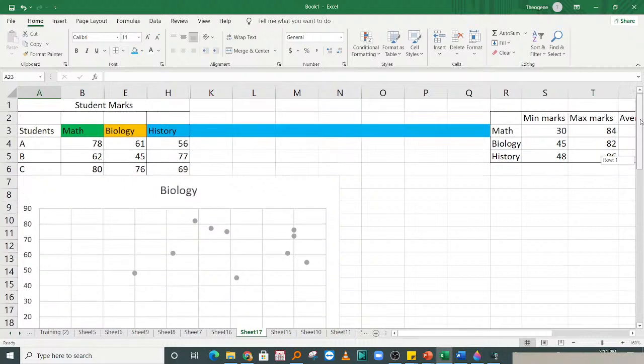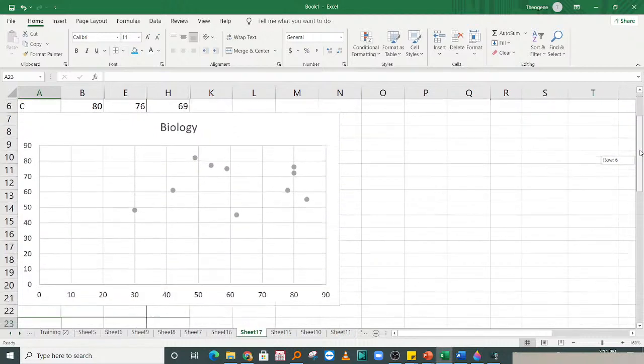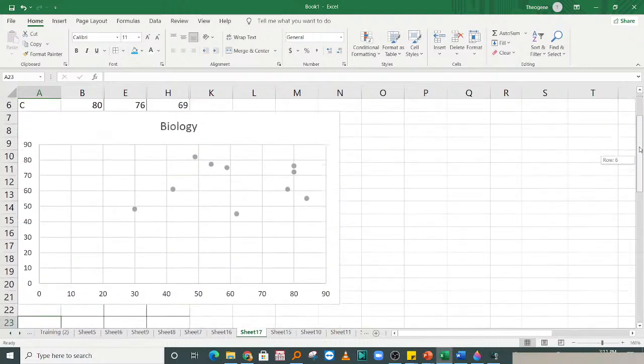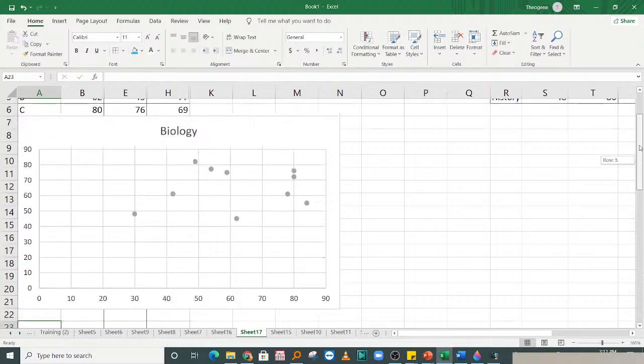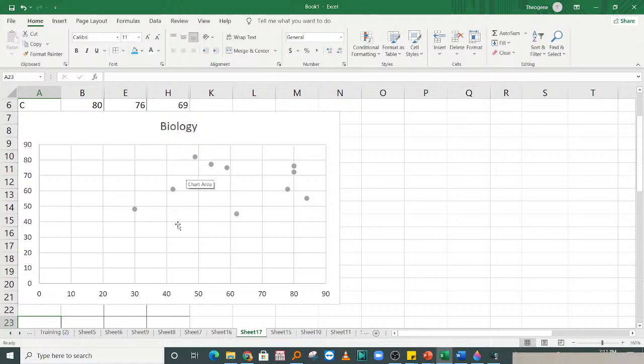Sorry, they only considered biology. Biology is our x-axis. So can we trace a line?